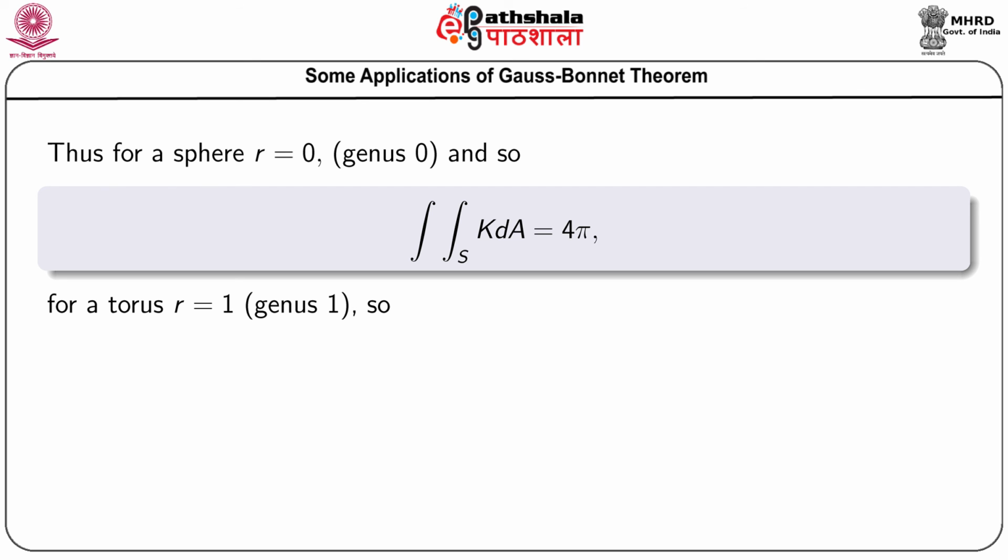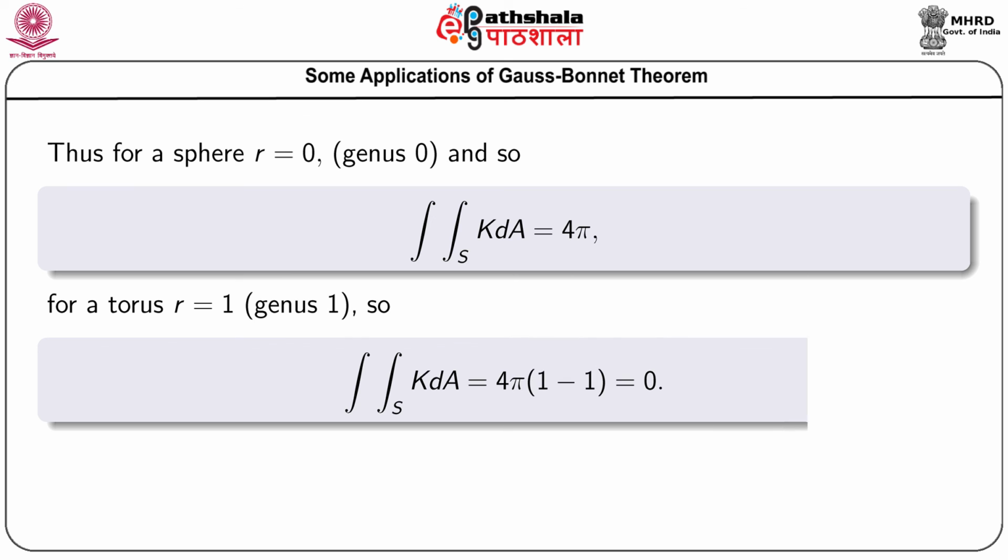And for torus, we know it is of genus 1, with only one hole. In that case, the value of the integral curvature is 4 pi times 1 minus, in the place of R we are putting 1, so it is 0.